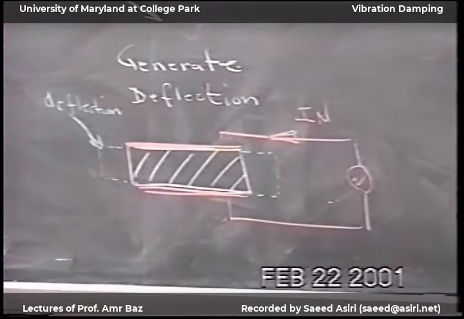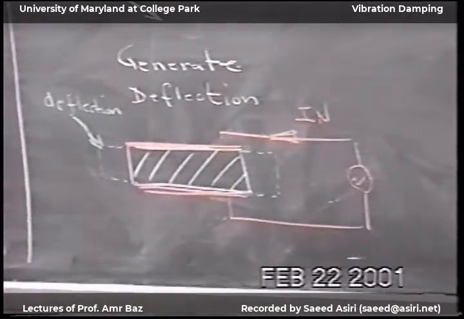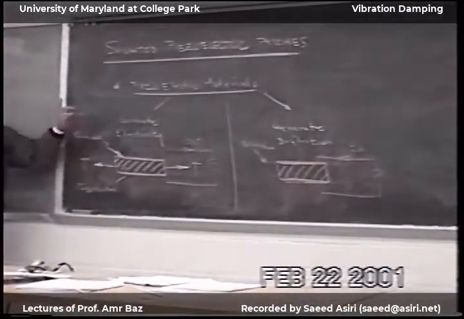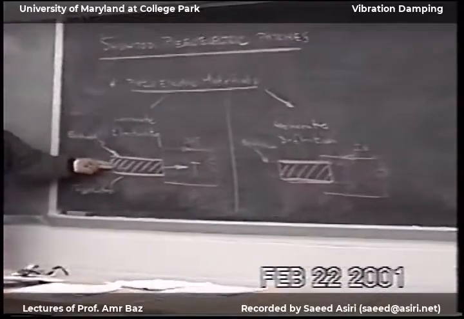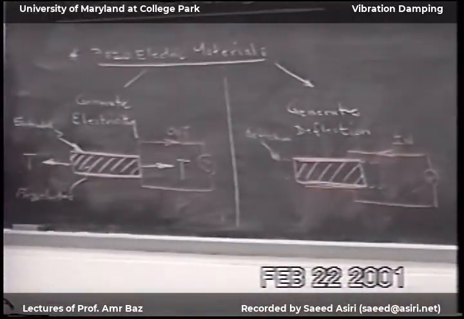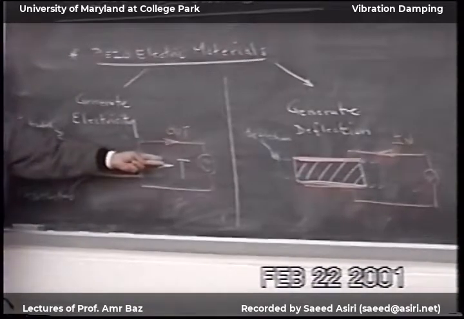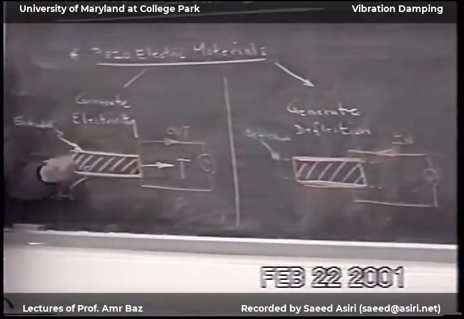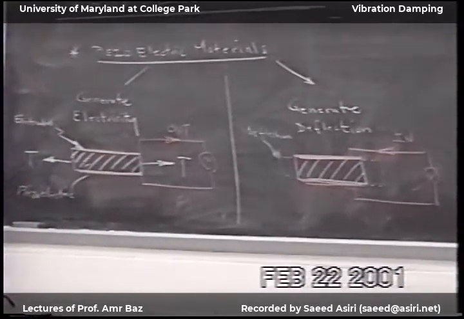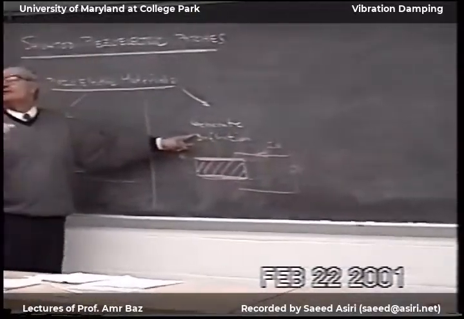We conventionally used this mechanism as a sensor to bond the piezoelectric material to a structure. When I stretch it to generate electricity, I measure the amount of electricity generated, and this is indicative of the vibration or the strain on the structure. And conventionally, we used this to control structure vibration.